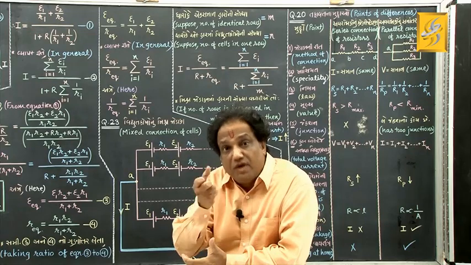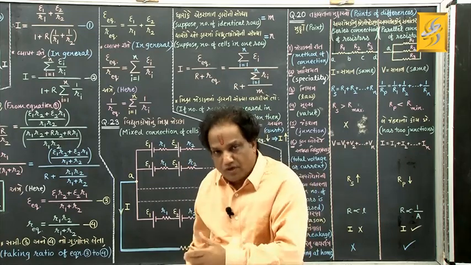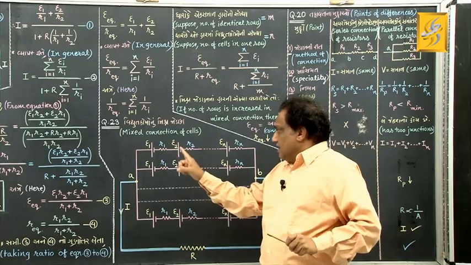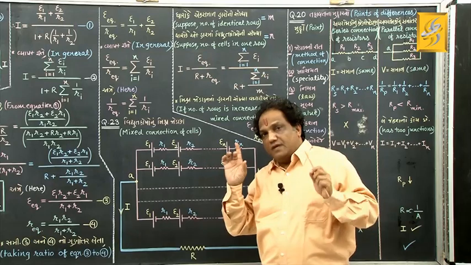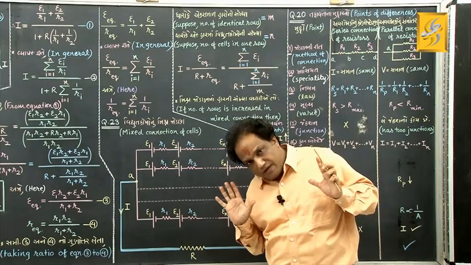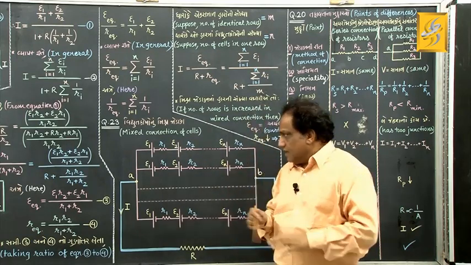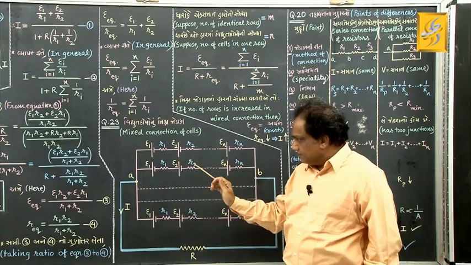Why the word mixed type of connection is used, I will explain. Look here. Consider this mixed type of connection of electric cells. Okay? Look at the figure very carefully.